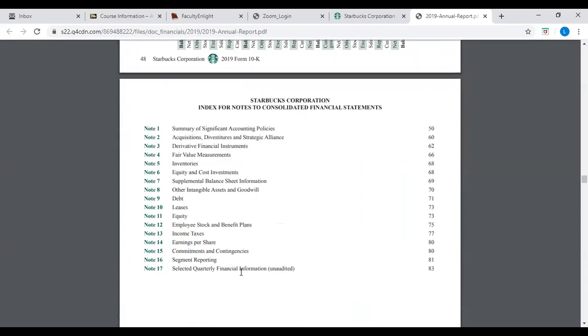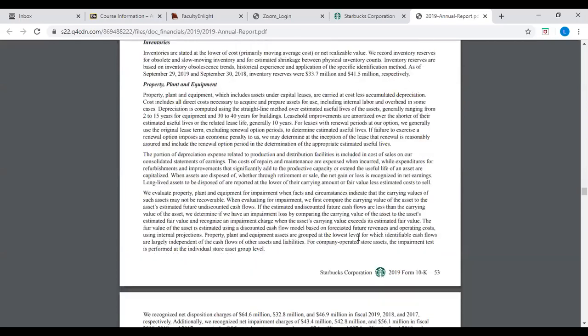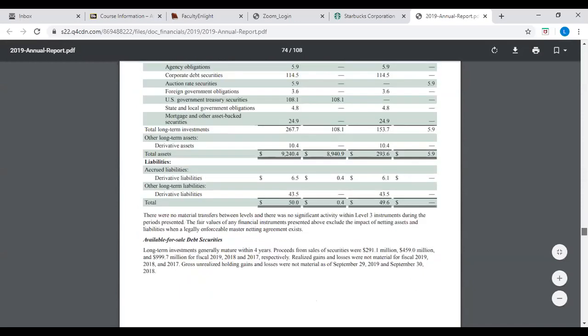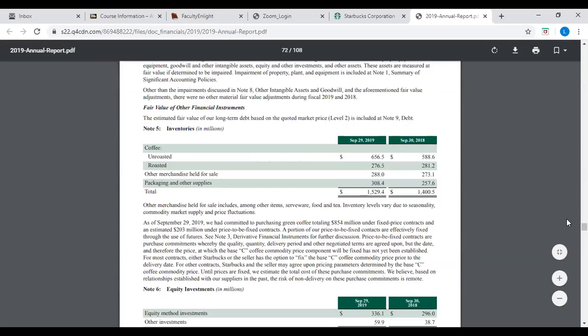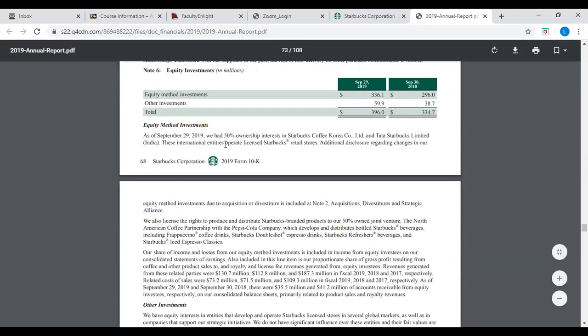Okay, so Starbucks has companies it owns. Let's see if we can find some information here. Equity investment costs. Okay, page 68. Let me see if they give us some detail in the notes to the financial statements, telling us who they own. Equity investments, let's see. As of September 29th, we had 50% ownership interest in Starbucks Coffee Korea and Tata Starbucks Limited India.